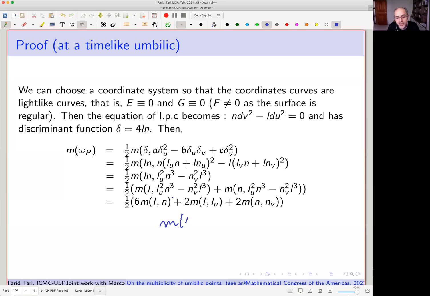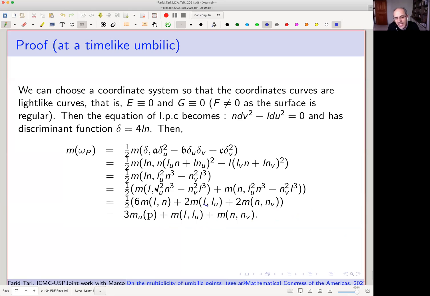So the multiplicity of L u, for example, N cubed, is equal to the multiplicity of L u plus the multiplicity of N cubed, but this is 3 times the multiplicity of LN. So I have 3 from here, LN. I have 3 from here, LN, that gives me 6.